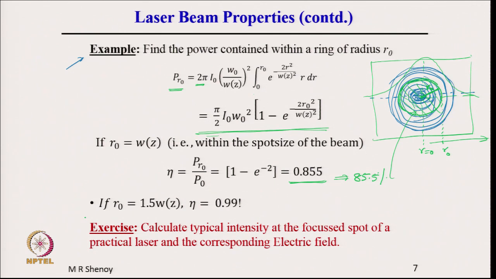And more importantly, if R 0 happens to be 1.5 times W of z, that is, if we go 50% further, then eta, the fractional power, is 99%.